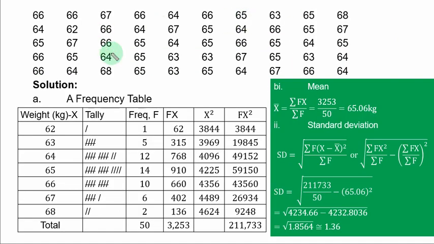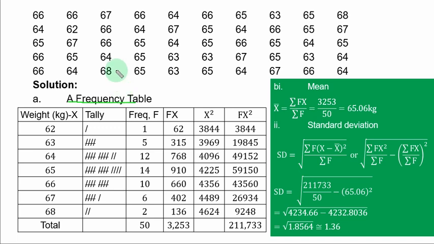Solution: you have the same weight data here. Then A, we are to construct a frequency table. Now we use s to denote the weight. The data points are very close, so here we cannot form class intervals; rather we use them the way they are.